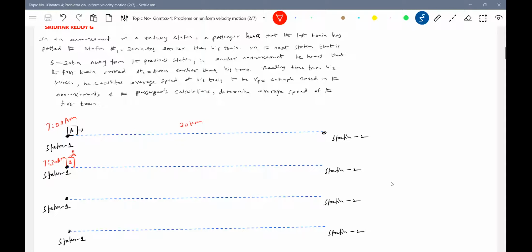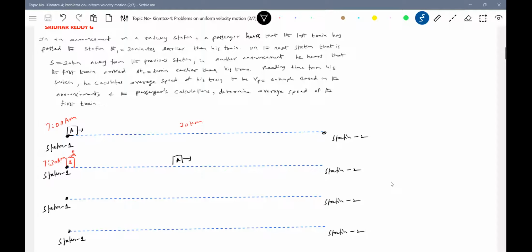By the time 7:30 a.m. is done, train A will be somewhere here. On the next station, away from the previous station, another statement: the first train arrived 20 minutes earlier than his train.